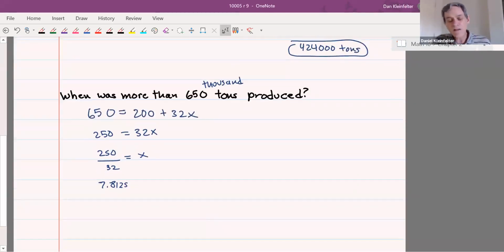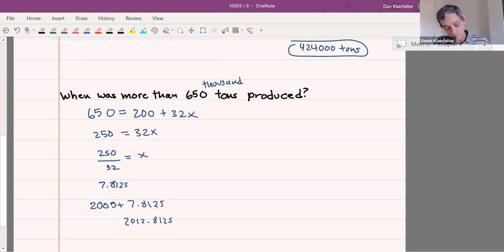And so that's our value for x, and that's the number of years since 2005. So we'll have 2005 plus 7.8125. So that will be 2012 and 4/5, right?